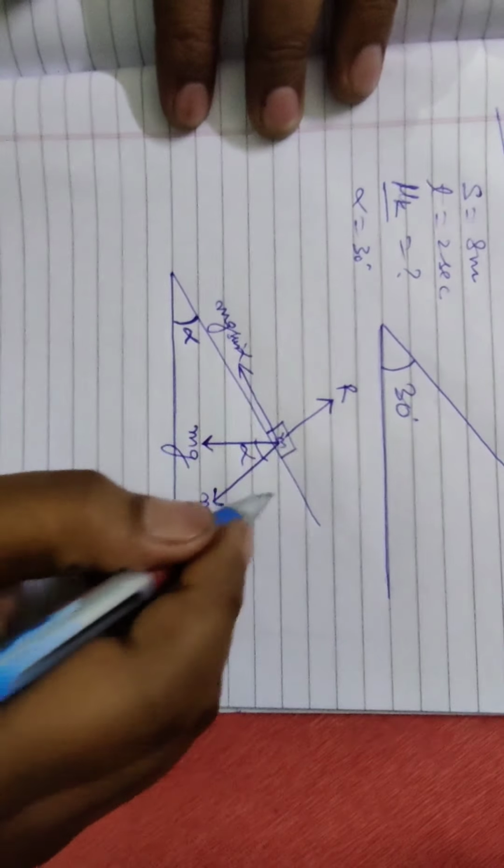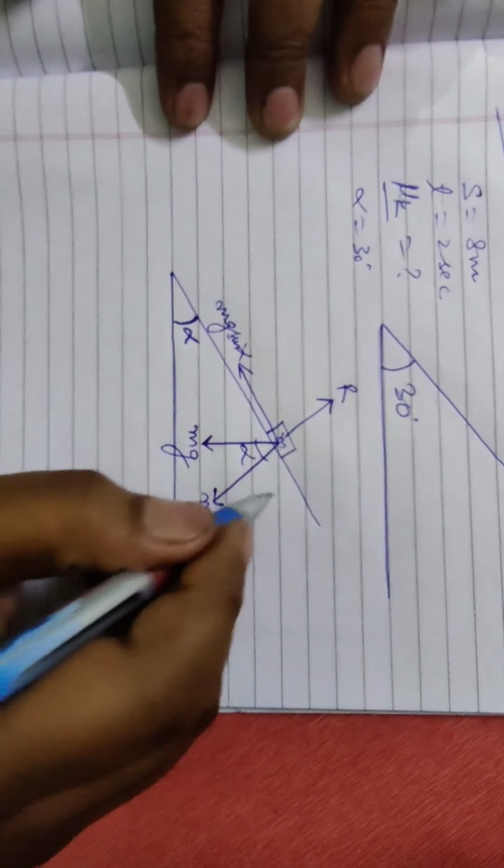Now from the third equation we will find the value of f first. So f is equal to mg sin alpha minus ma.